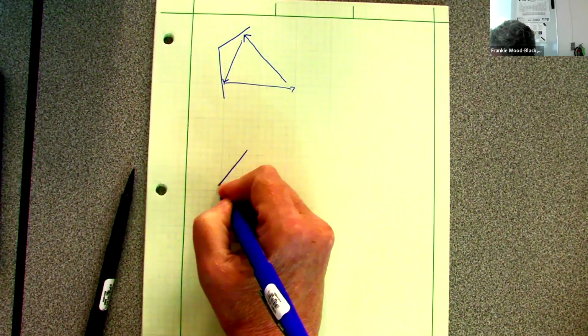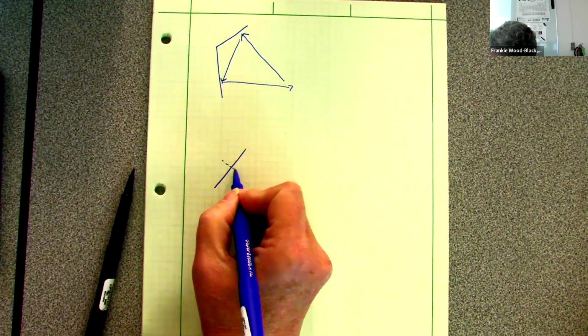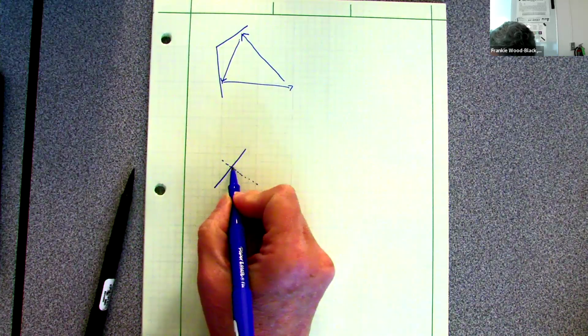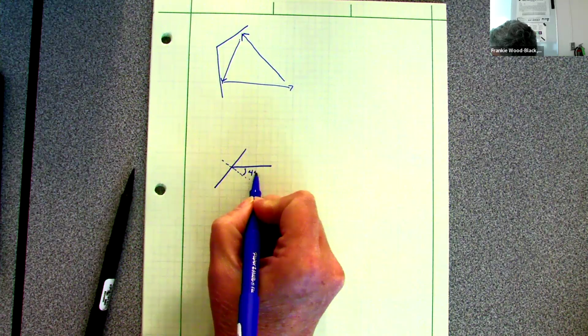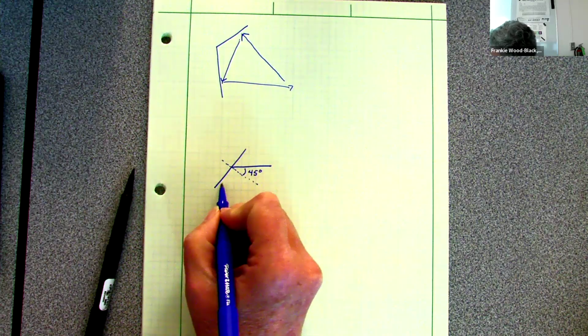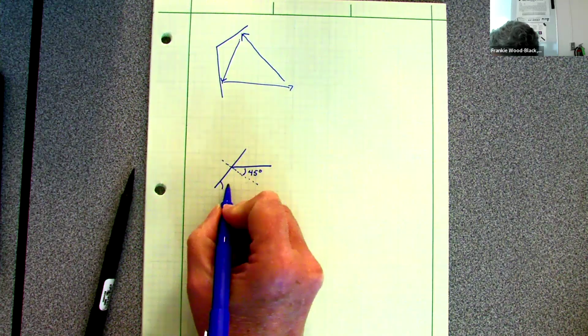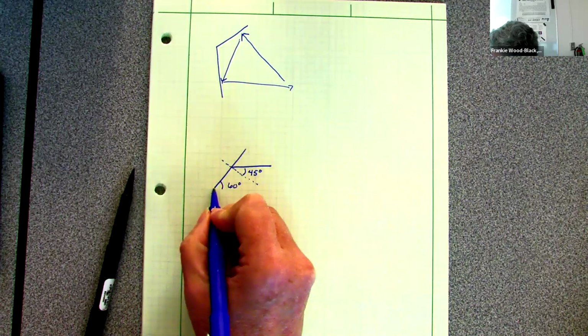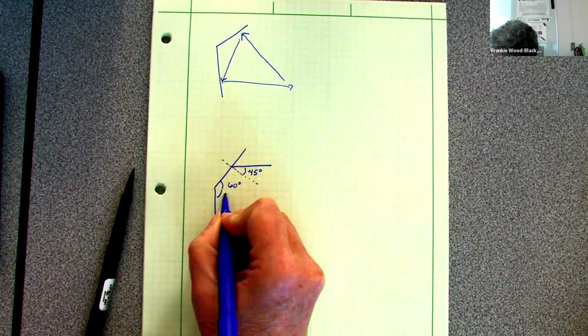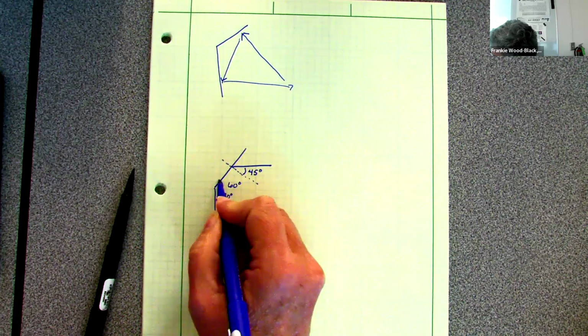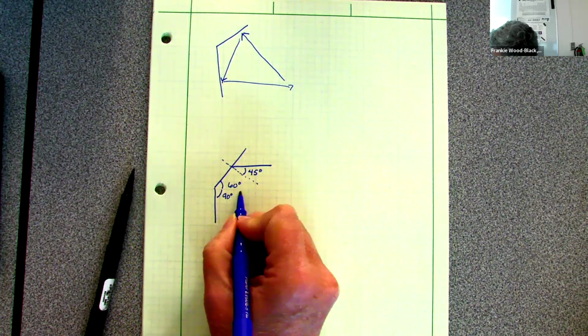If I've got this and then I have my normal, and we say that this is 45 degrees, and we say that this angle is 60 degrees. So this would become my 90 degrees. So this is going to be a whole angle of 150 degrees.